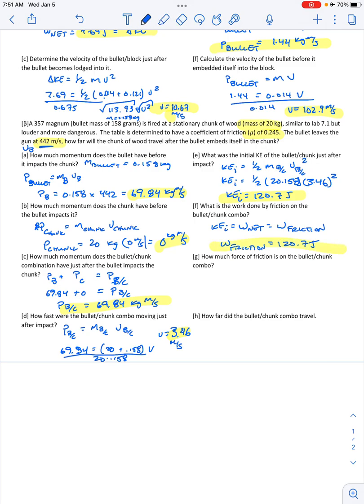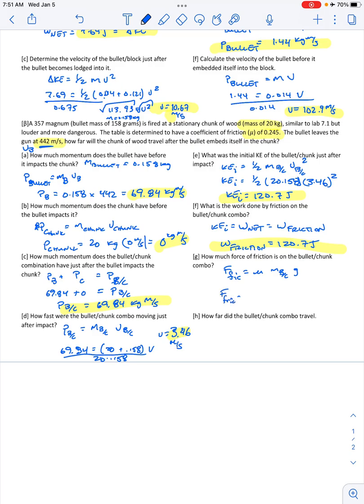So how much force of friction is on the bullet chunk combo? Well, force of friction we usually want to use mu mg for, right? So that should work for us here. So we have the mu, again, this is the bullet chunk combo, times g.